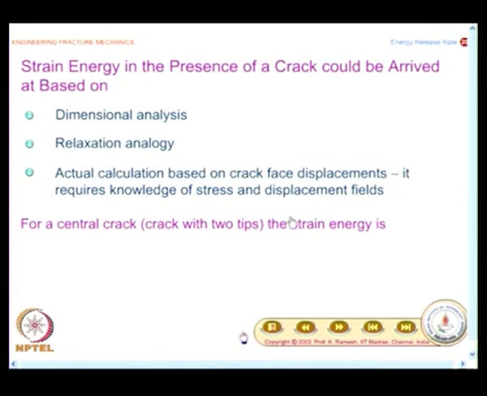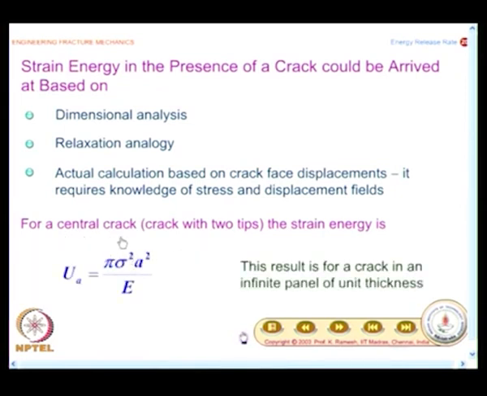For our discussion, what we did was we took the available solution for a central crack, and it is emphasized: crack with two tips. See, it may appear trivial. In fact, quite a bit of confusion was there in the initial stages of fracture mechanics for not recognizing this subtle point.